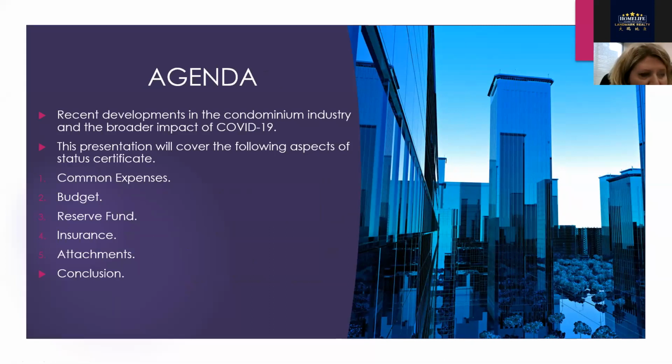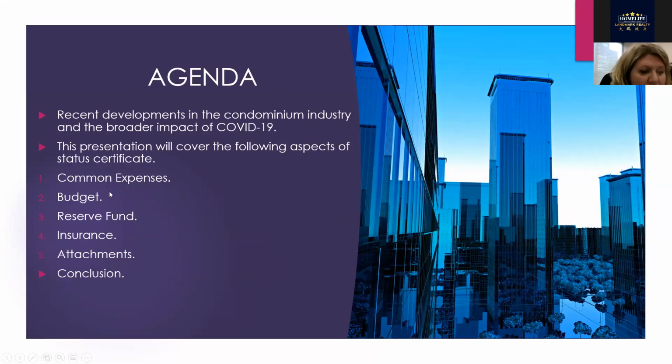So if the seller has paid, there will be a credit to him. If, for example, I'm selling the condo in March and the common expenses were paid in February and they have not been paid for March, the monthly common expenses of March will be credited to the new buyer. And then you want to be sure that everything for the past has been paid.